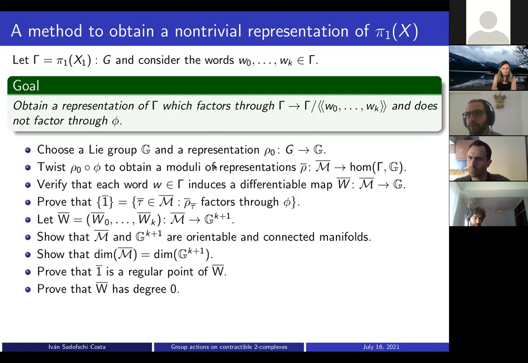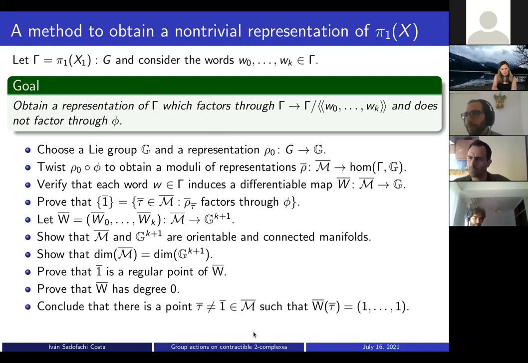If we can do this, since the degree can be computed as the number of preimages of a regular value, then we conclude that there is another point, tau bar, different from this unique point here, such that the image of this point by this map is this point.